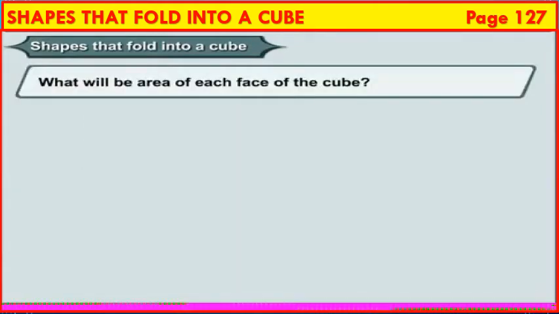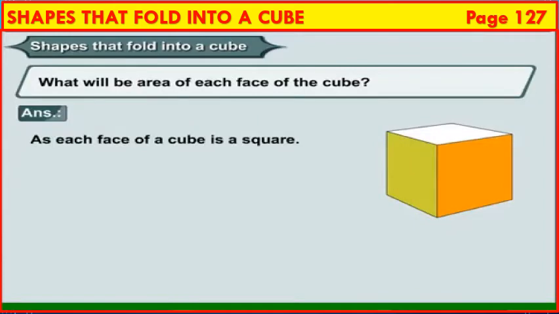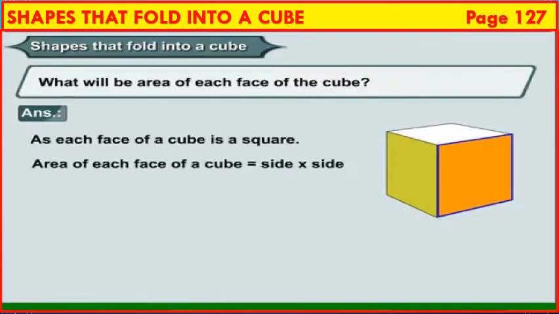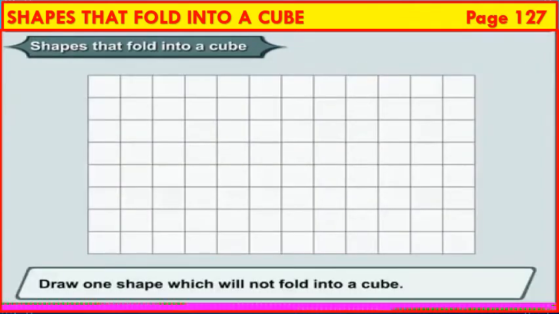What will be the area of each face of the cube? Answer is, as each face of a cube is a square, the area of each face will be side into side. Draw one shape which will not fold into a cube. We can draw it this way.